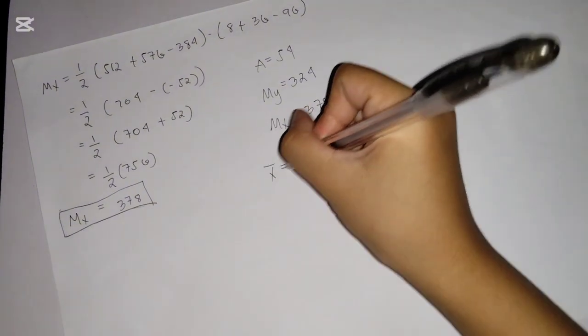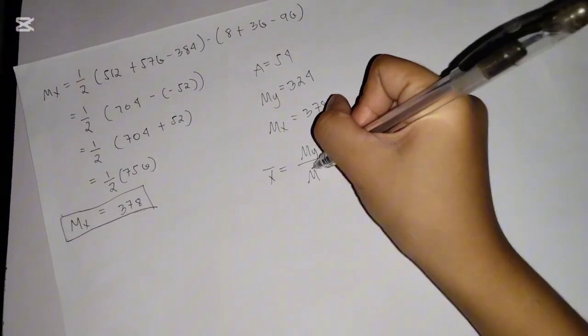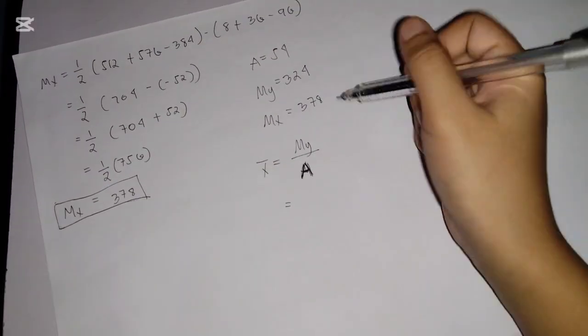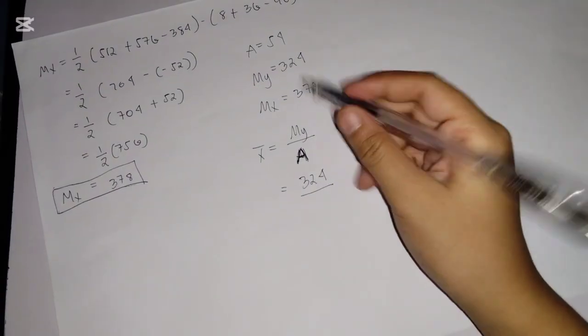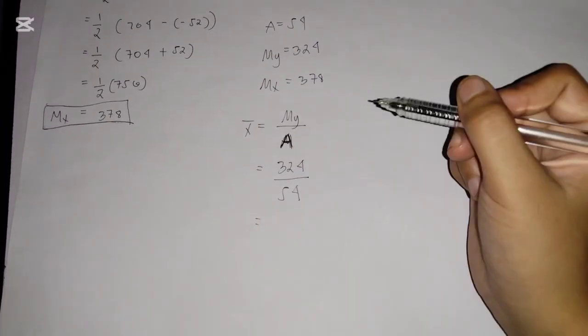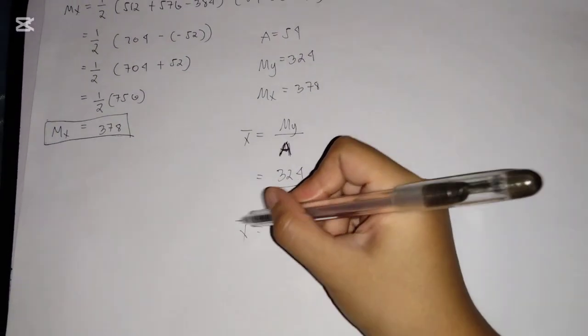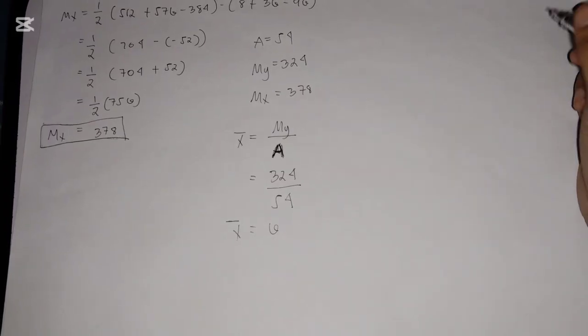So x bar is equal to m sub y over a. So m sub y is 324 over our area, 54. Now 324 divided by 54 is 6. So our x bar is 6.